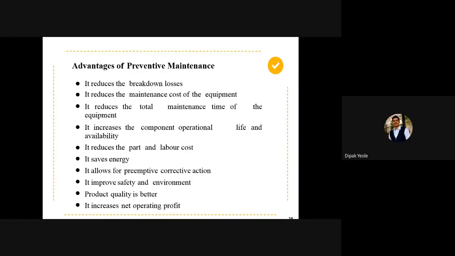The product quality is better after having predictive maintenance, and it increases the net operating profit. सो ज्यांच्याकडे कंपनी असेल किंवा जे त्यांचे सिनियर्स किंवा त्यांचे नातेवाईक हे कंपनीमध्ये काम करत असतील तर त्यांना हा कन्सेप्ट लगेच समजेल. Net operating profit means after selling the product, there is a profit available to the particular company, and by doing predictive maintenance, one can increase their net operating profit.